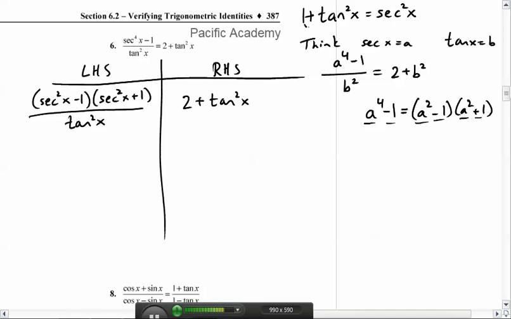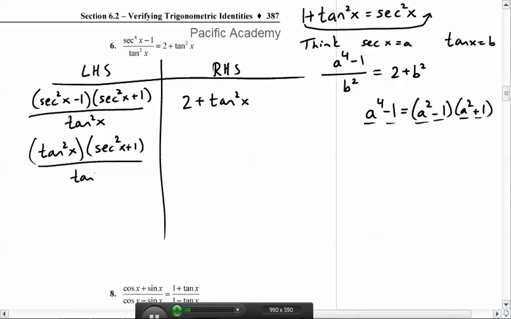If I move the 1 to the other side of this equation, secant squared minus 1 is tan squared. So instead of secant squared minus 1, I'll write tan squared. And then on the left-hand side, the tan squareds cancel. And I'm left with secant squared plus 1.